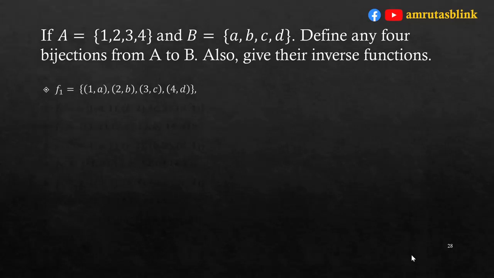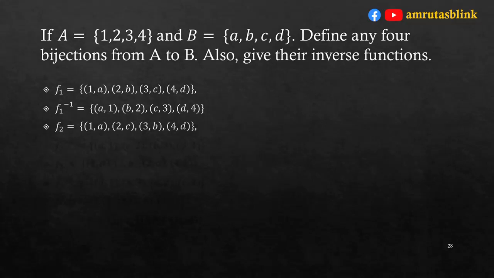So for example, f1 is equal to {(1, a), (2, b), (3, c), (4, d)}. So f1 inverse is equal to {(a, 1), (b, 2), (c, 3), (d, 4)}. Similarly, f2 can be {(1, a), (2, c), (3, b), (4, d)}. So f2 inverse is equal to {(a, 1), (c, 2), (b, 3), (d, 4)}.